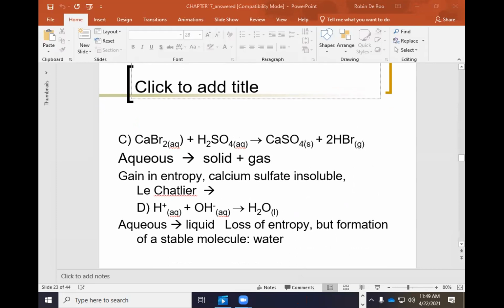Both of these are driving forces. We have a driving force of a precipitate and a driving force of a gas. So even though this is a solid, we have a gas which has more entropy, and plus we have a driving force and a driving force. So Le Chatelier says, yeah, you're going to make this go.